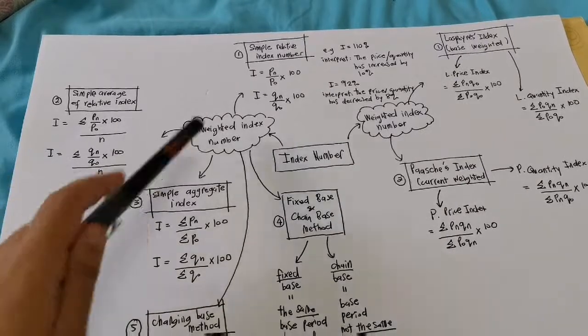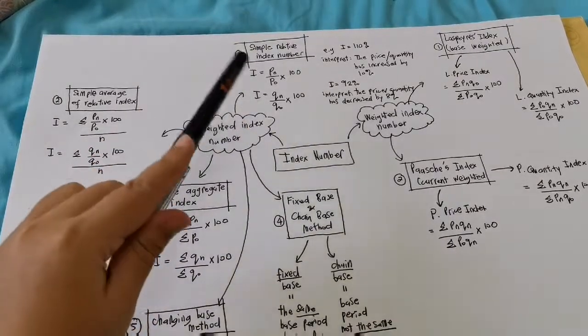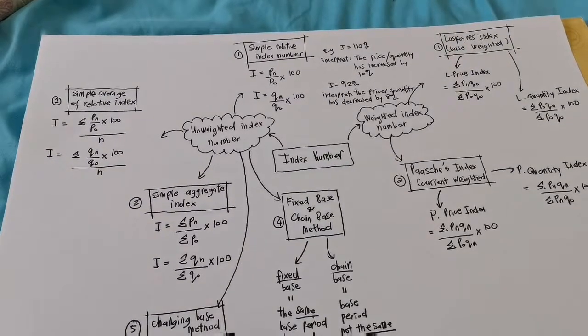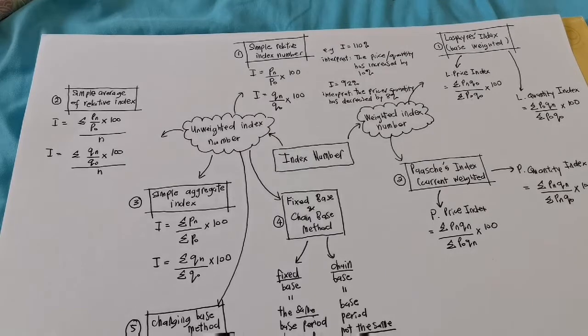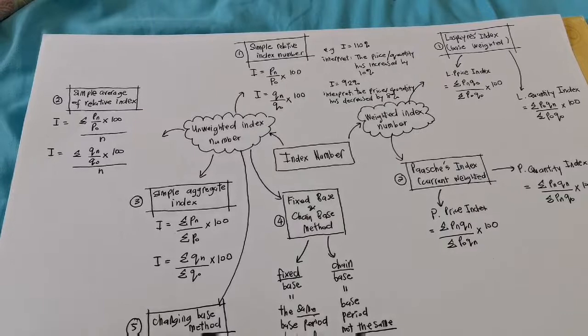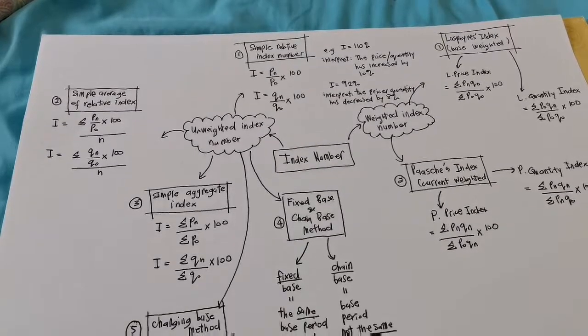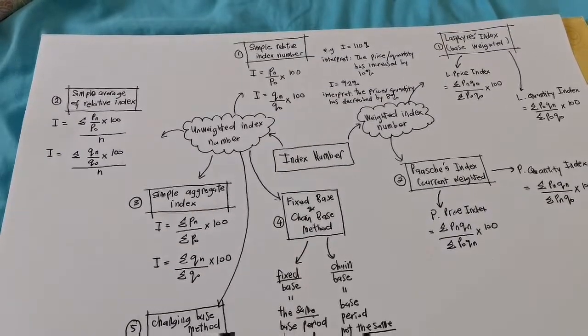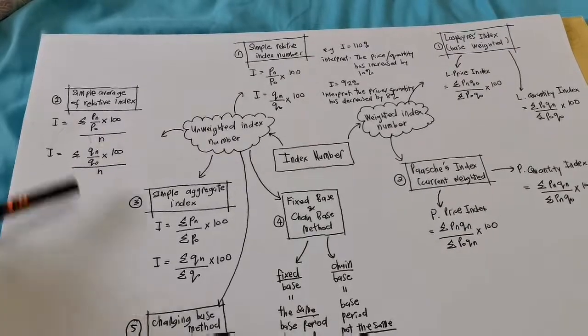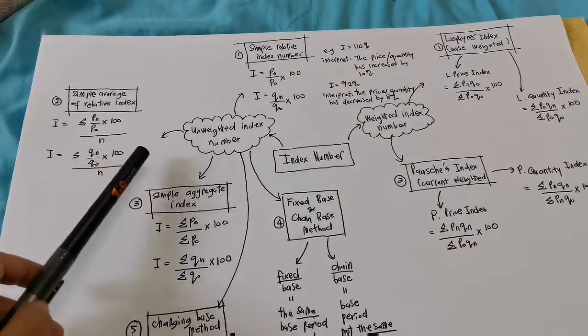After you have calculated your relative index, it might not be that easy to interpret or mention everything that happened for every type of food. So one way to make it easy is by having the average index number.